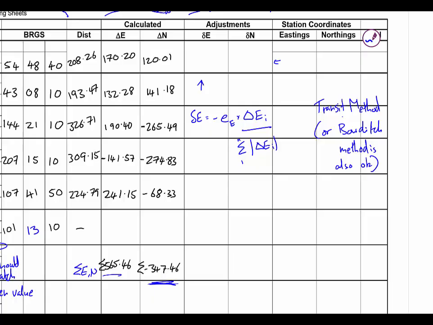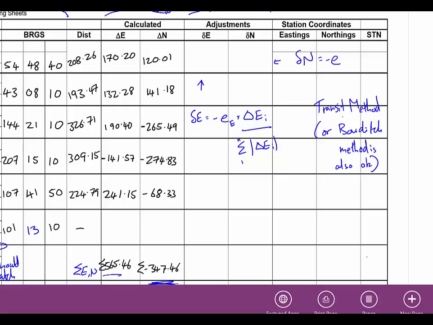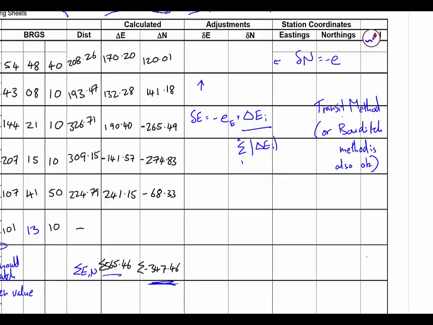Same for the Northings, so delta N is equal to negative En multiplied by the change in Northings for that leg, divided by the sum of the moduli of those individual Northings.